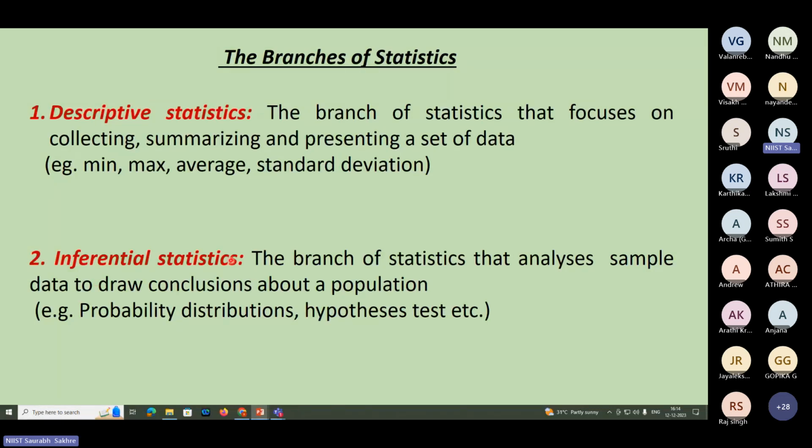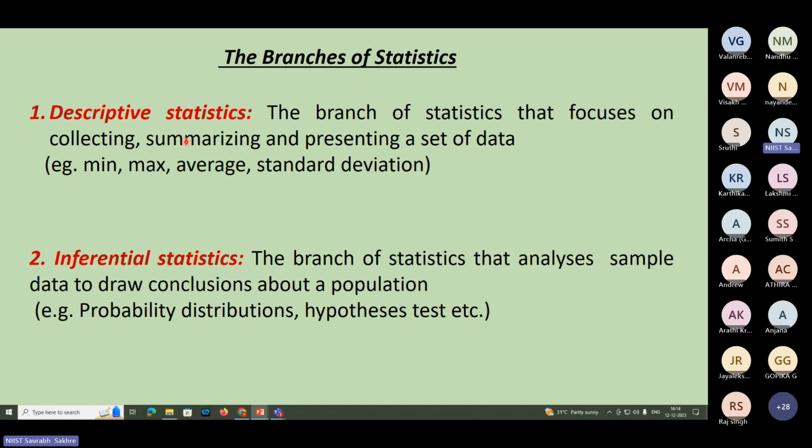Now we'll see what descriptive and inferential mean. When I say descriptive, the name itself indicates I'm only describing some data, like what is the minimum value, what is the maximum value, what is the average when I analyze this data, and what is the standard deviation.